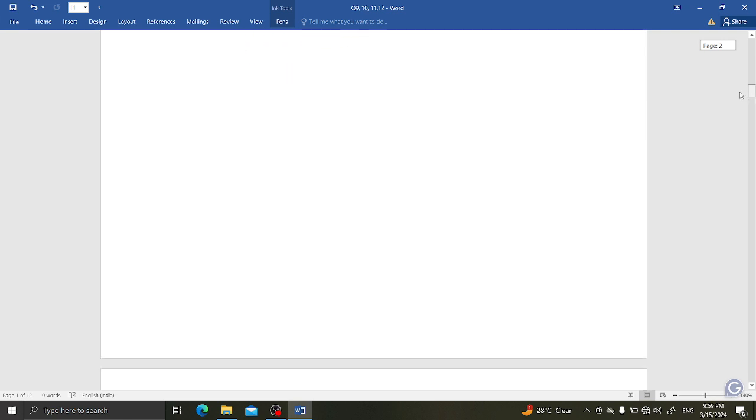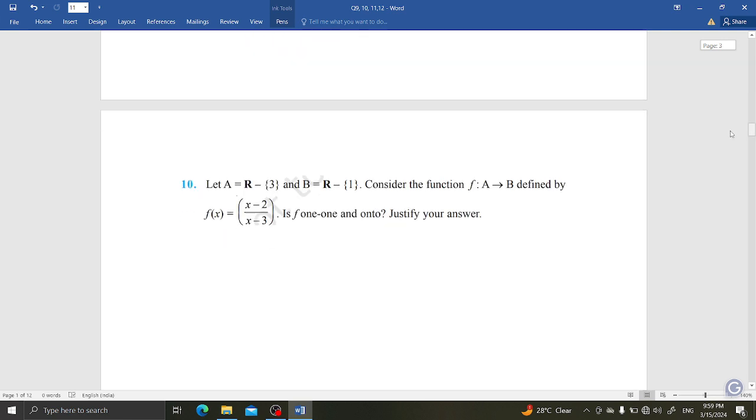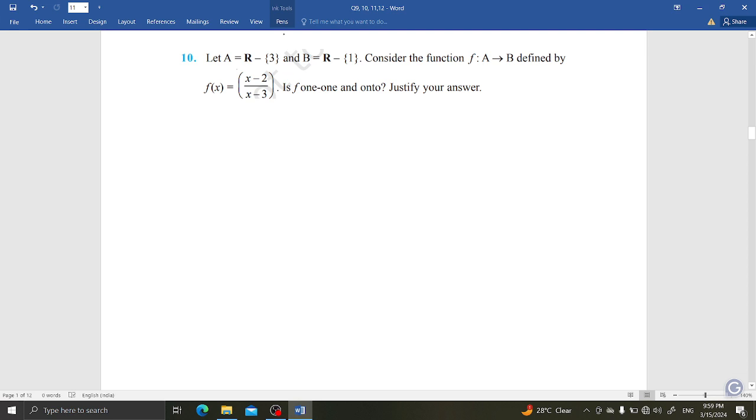Now the next one is the 10th one. We have set A as R minus 3 and set B as R minus 1. Now consider the function defined from set A to set B as given. Is f one-one and onto?